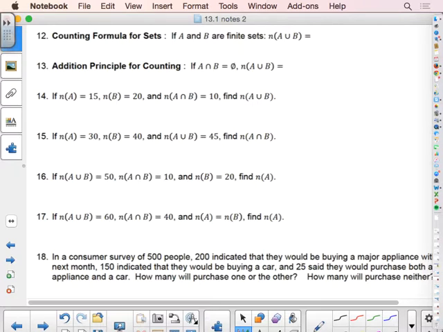12 says, counting formula for sets. If A and B are finite sets, then N(A∪B) means the number of unique elements when A and B are joined.